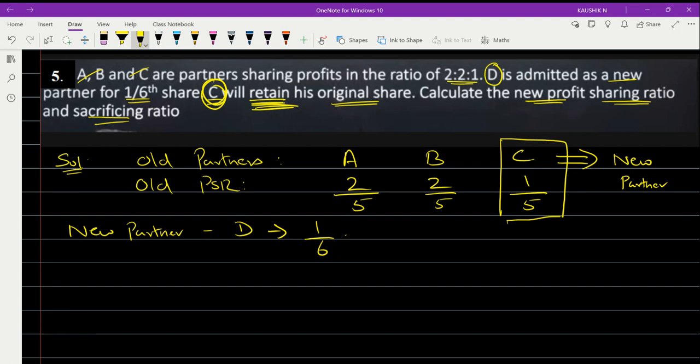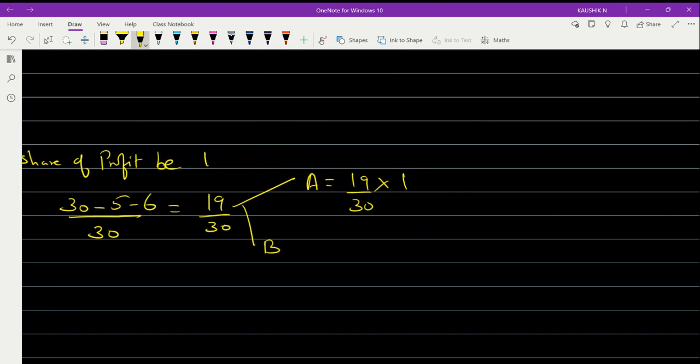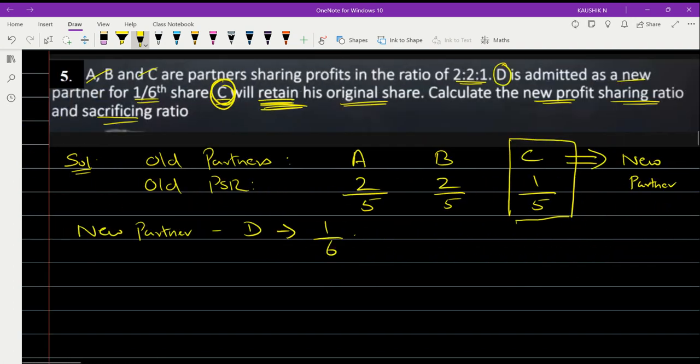So 19 of 30 into 1 by 2, and even for B also, it is 19 by 30 into 1 by 2. So this will give you 19 by 60. Here also it is 19 by 60. Why are you not supposed to take that particular value, 2 by 5?